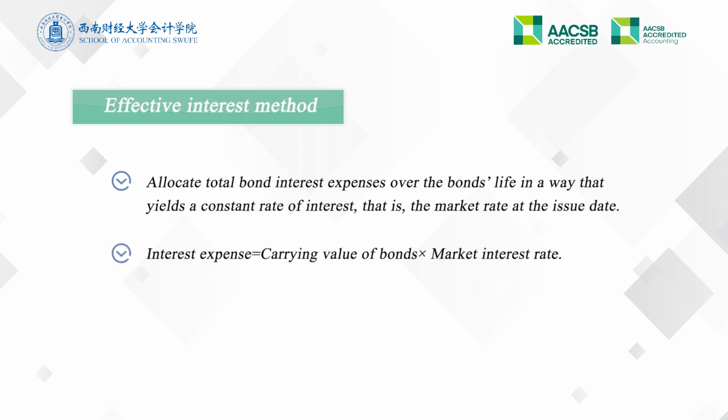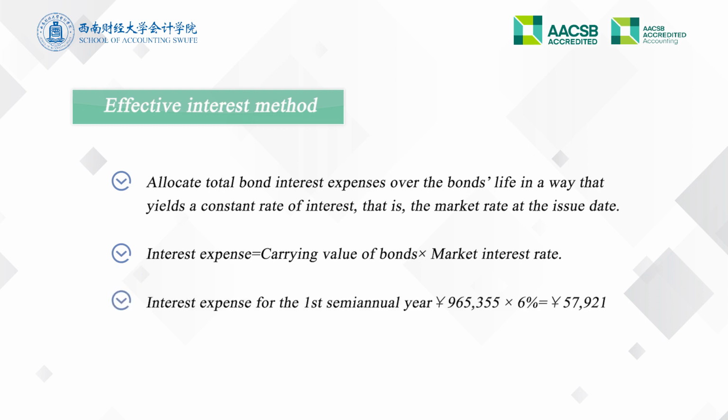Specifically, the interest expense for a period equals the carrying amount of the bond at the beginning of that period multiplied by the market rate when issued. For instance, for the first semi-annual period, the interest expense is calculated as following.